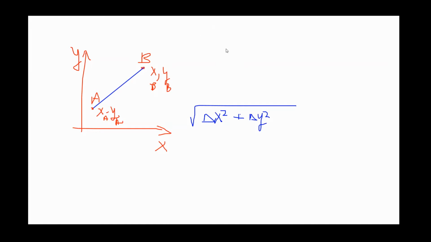How about if I have an extra dimension here, Z? Then each point will have an extra coordinate. So we'll have ZA, YA, ZB, and then you just add the square of the difference in Z. So that's how this works.